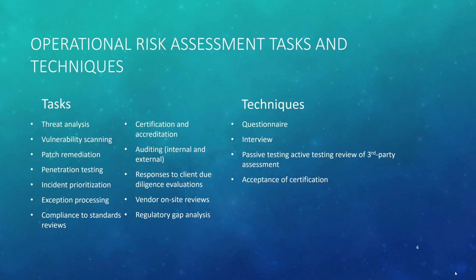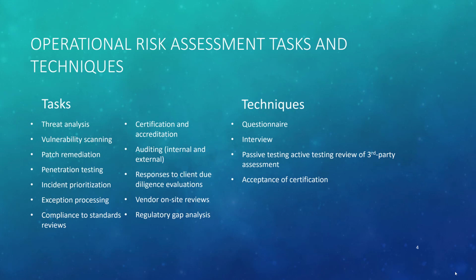Going in and certifying and accrediting IT systems. We'll talk about that a little bit more later on in this video. Responding to audits, both internal and external. Responding to clients when they raise issues. Vendors want to come on and do on-site reviews, and then you may have to go and look and see if you've got a gap between the regulatory bodies, what they're asking for, and then what you're actually doing.